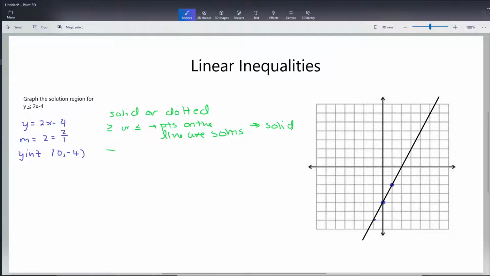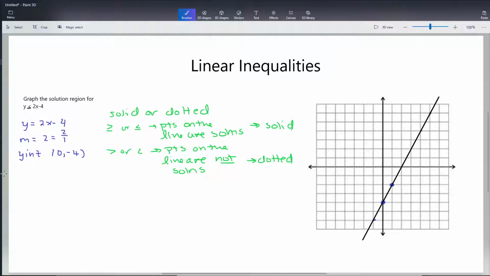Now, if you have greater than or less than without the or equal to part, this means that the points on the line are not solutions. Okay, and in that case, we want to use a dotted line.